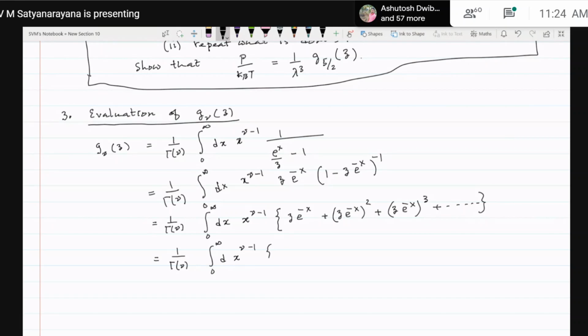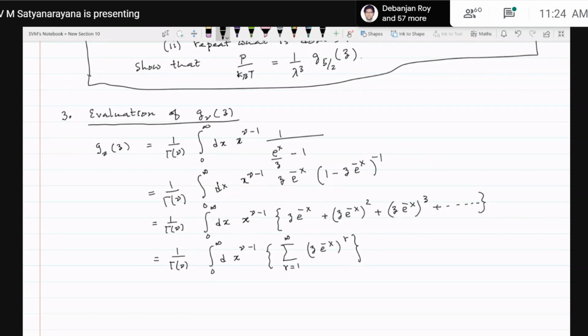And what I have in this bracket, I will write as sum over r equal to 1 to infinity z e to the minus x raised to the power r. Okay, so that is what is there in the bracket.